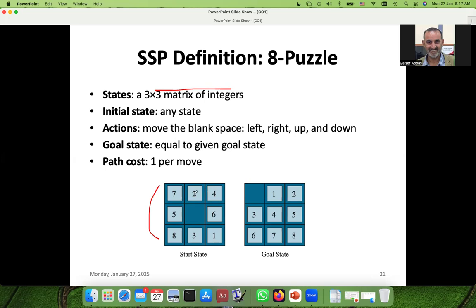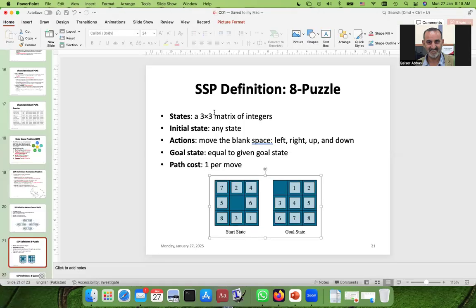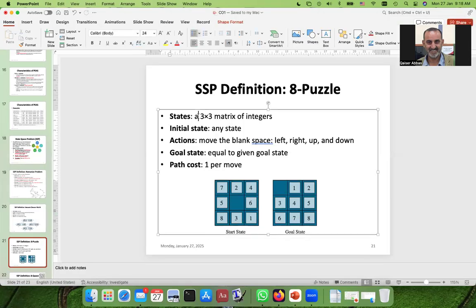When you change it, it is still a 3 cross 3 matrix, but the picture is changed. So the states are all the different possibilities of 3 cross 3 matrices of integers. Yes, this is okay.